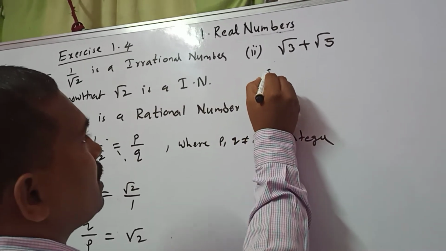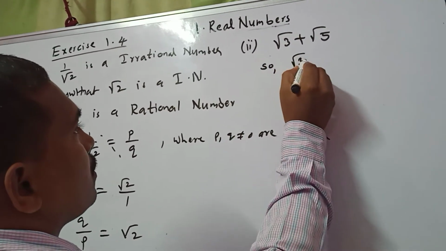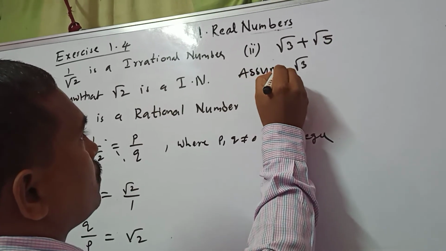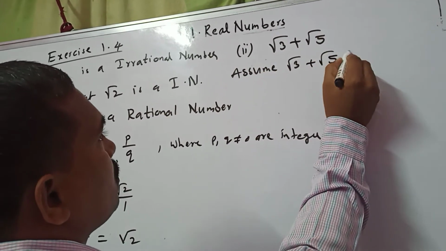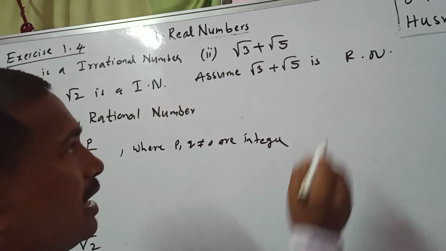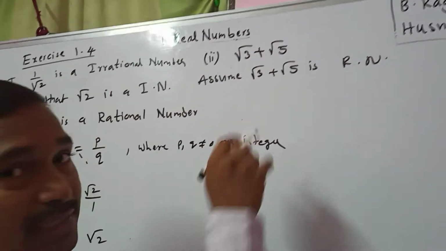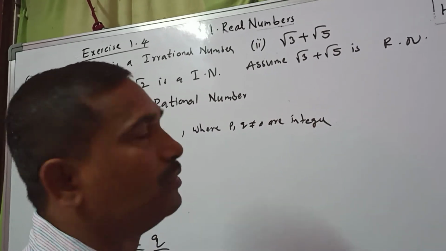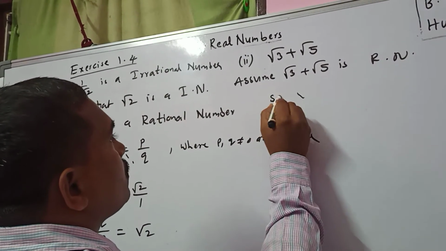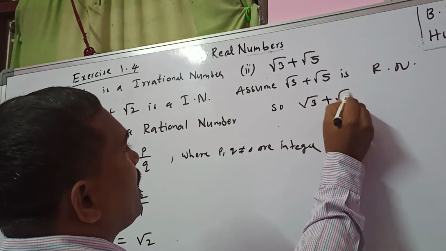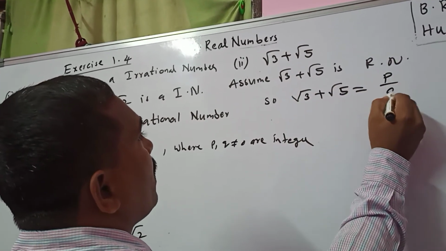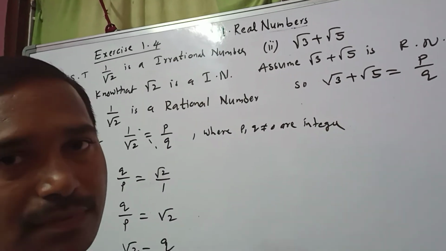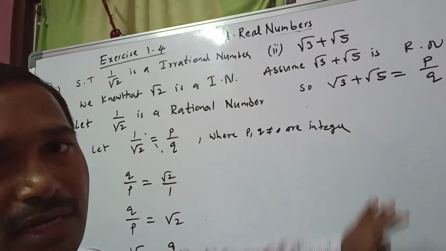So I am assuming root 3 plus root 5 is a rational number. That means it can be expressed in the form of p by q. So root 3 plus root 5 equal to p by q. By some simplification of steps, we prove that our assumption is wrong.